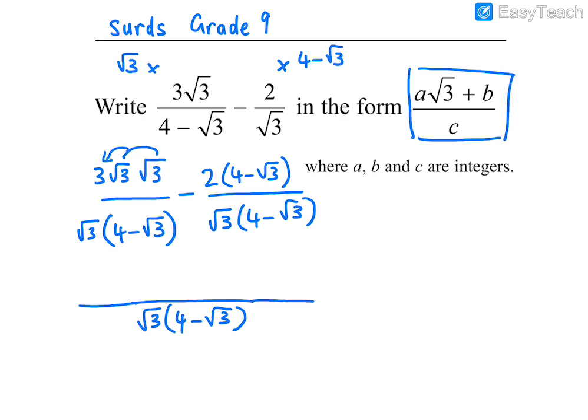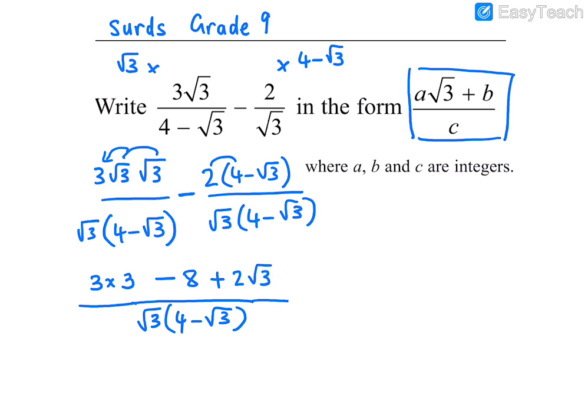And then times by that 3. So it's going to be 3 times 3 at the top. Take away 2 times by 4, which is 8. So in other words, minus 2 times by 4 is minus 8. Then negative 2 times by minus root 3 is going to be plus 2 root 3.